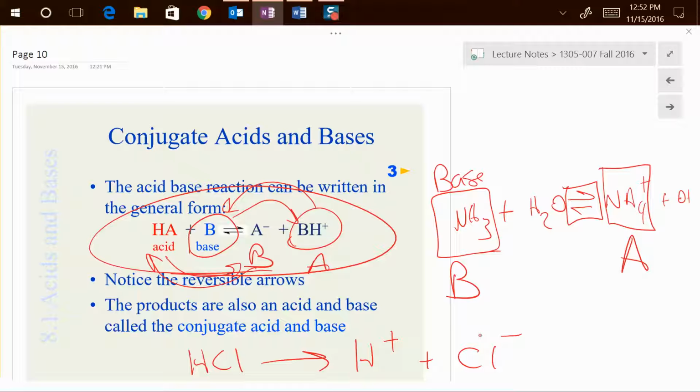It just goes one way. This way. That's it. One way. It dissociates 100% of its hydrogen ions and does not pick them back up. But these acids that have an equilibrium, they don't dissociate 100% of their hydrogen ions. It goes back and forth in equilibrium. Okay?